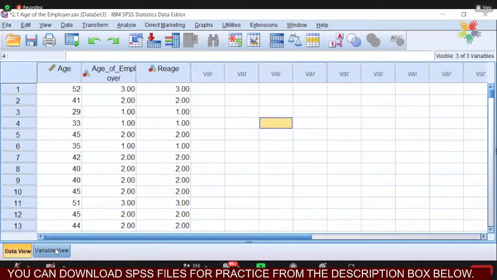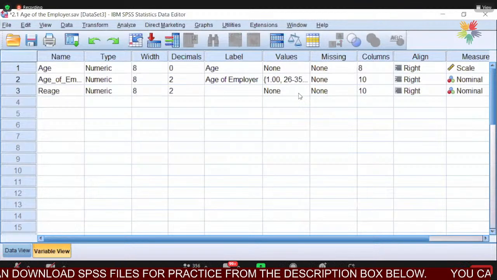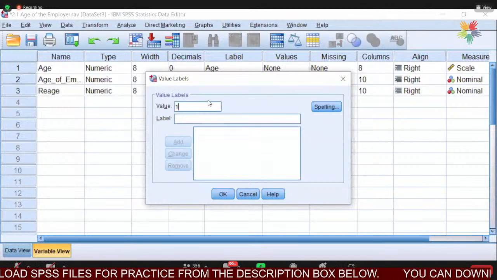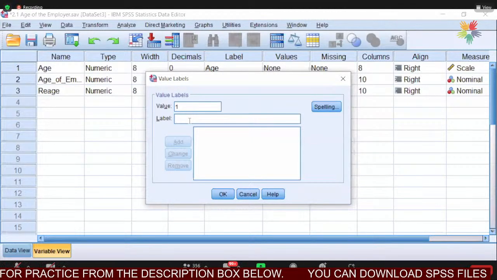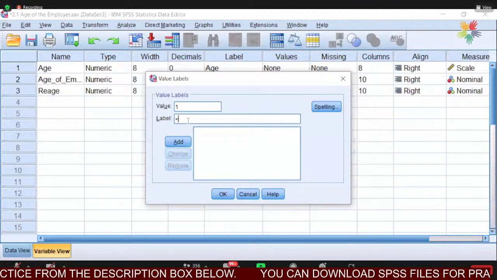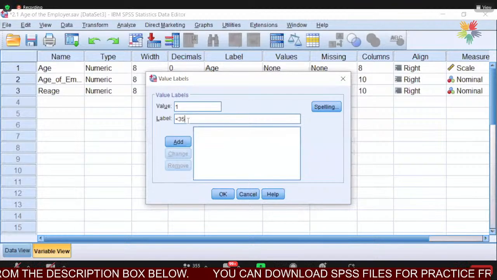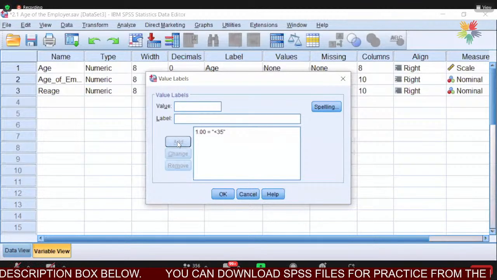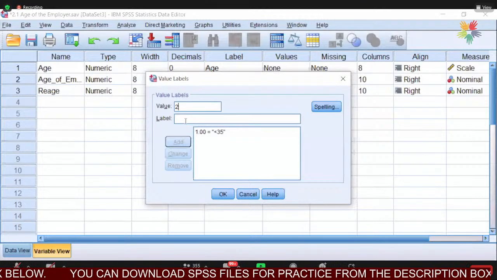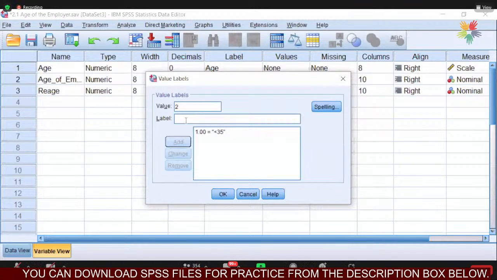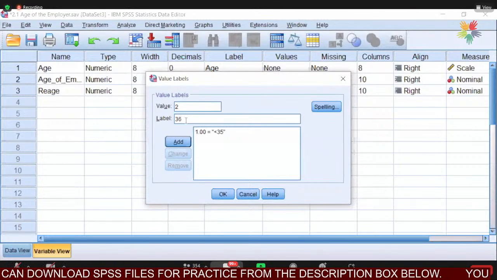Right? So now in the values, you write: one is less than 35, two is 36 to 45, three is more than 45. Whatever you want, you can put, anything you feel like.